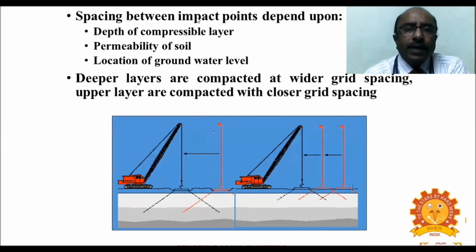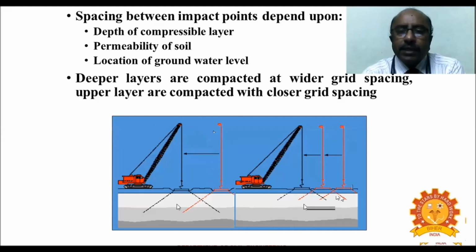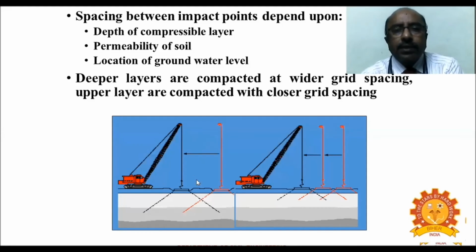And here we can say the spacing is very important for dynamic compaction, because as the spacing increases, the depth of compaction also increases, and as the spacing decreases, the depth of compaction also decreases. Similarly with height: as the height increases, the depth of compaction also increases. So deeper layers are compacted with wider spacing, and upper layers with closer spacing.